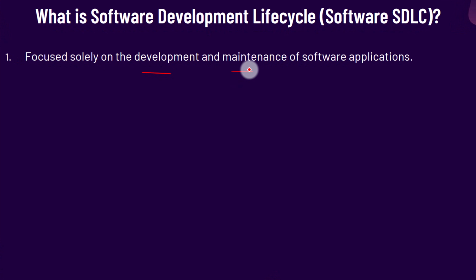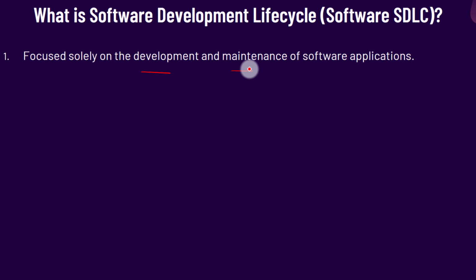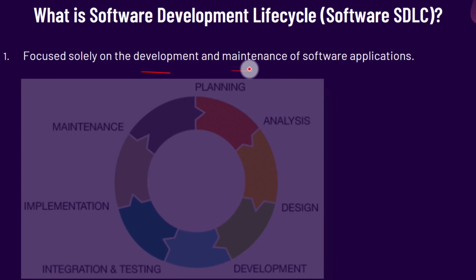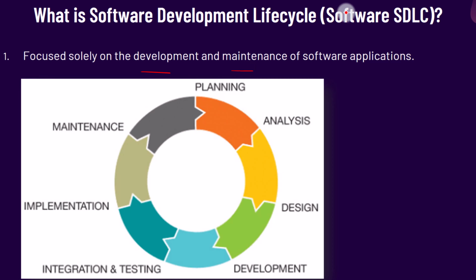It involves a sequence of steps designed to make sure we build top-notch software, starting from the initial planning phase and continuing all the way through to maintenance after the software is up and running.